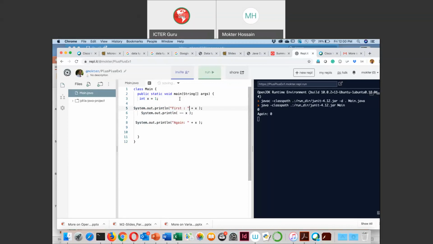First of all, let us use 3 different print statements. For the first one, there is no doubt that x will be printed as 1, right? And in the second, x will be decremented, then it will print x equal to 0.